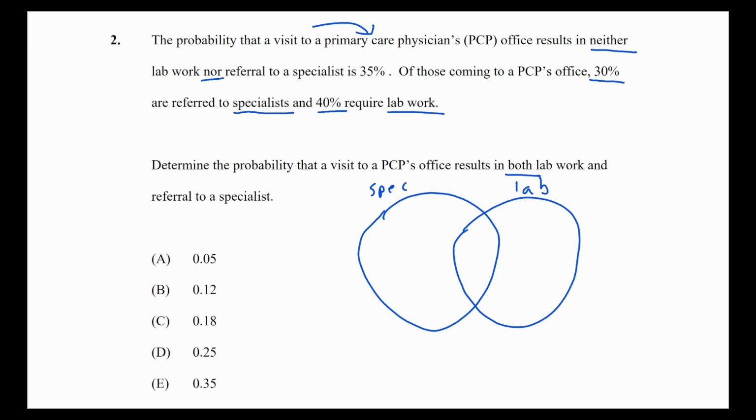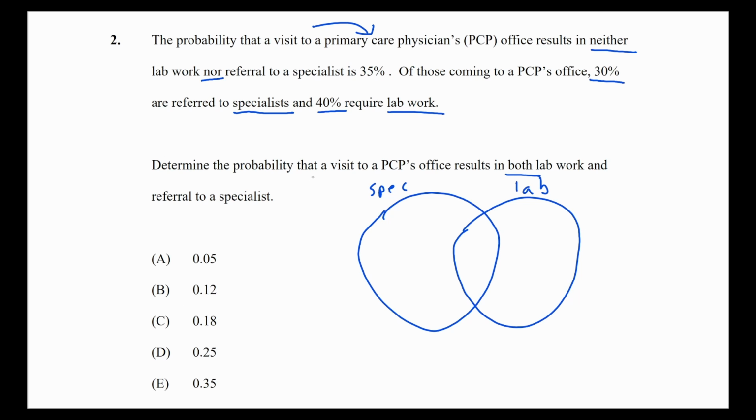So that means that 35% of the time, a person would not be in either of those buckets. So a person would be in neither of these buckets.